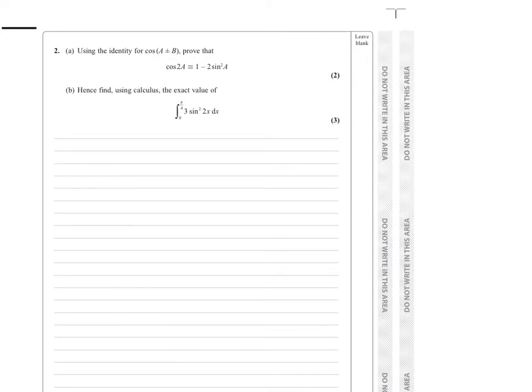So we know from the formula sheet, cos of (A plus B) equals cos A cos B minus sine A sine B. Now, the only way we can get cos of 2A is if we add 2 A's together.